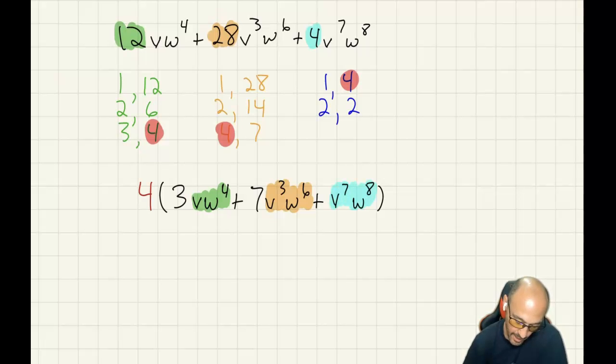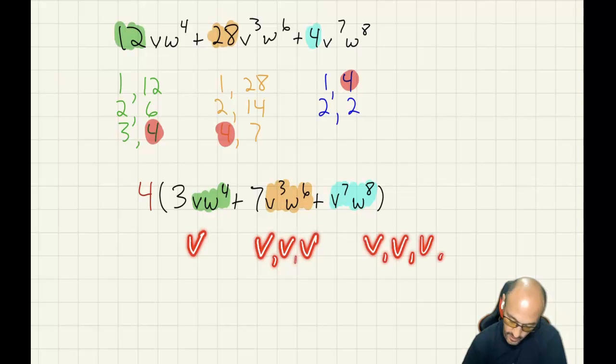So if we think about the factors of these, for v, it's just v. For v cubed, it's v, v, v. For v to the 7th, it's v, v, v, v, v, v, v.